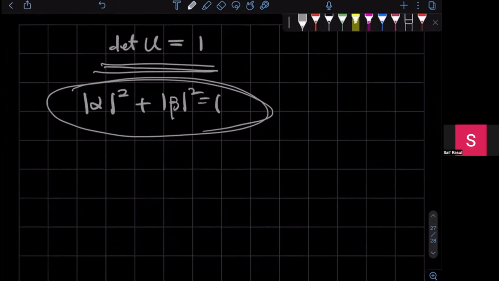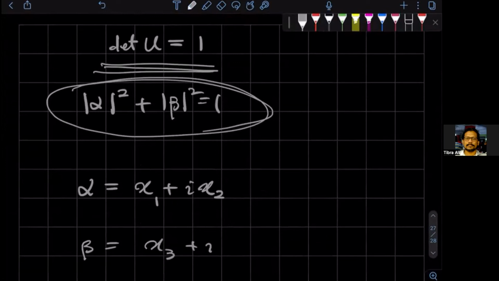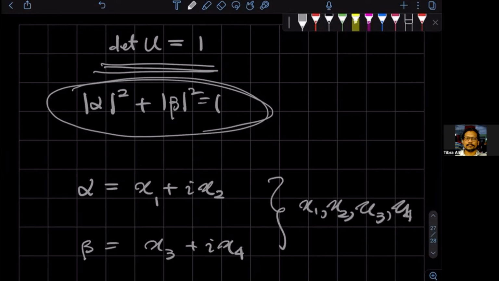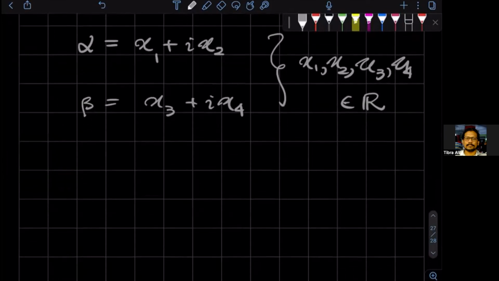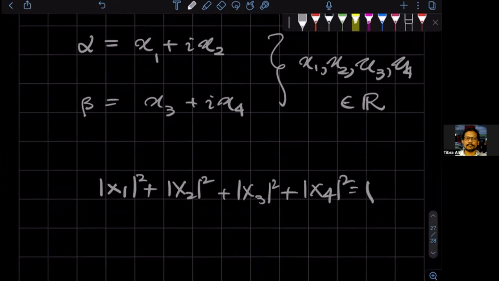Okay. Now, let me express alpha as, say, x1 plus i x2, where x1 and x2 are real numbers, and beta as x3 plus i x4. So now x1, 2, 3, and 4 are all real numbers. If I now express this equation in terms of 4 real numbers, I get x1 squared plus x2 squared plus x3 squared plus x4 squared equals 1.